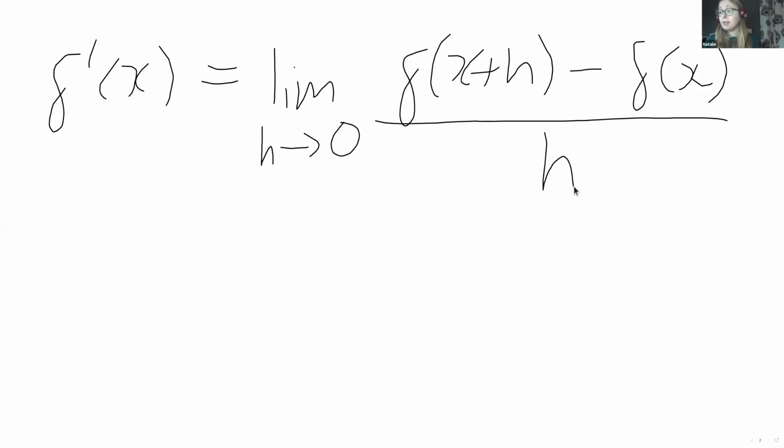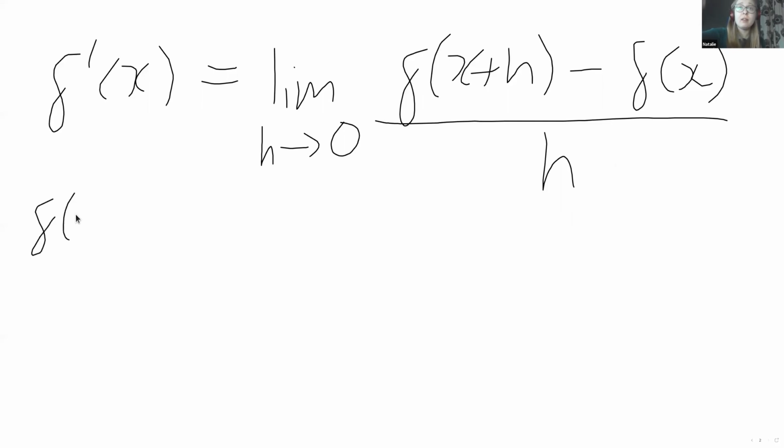And so we might get an exam question that asked us to prove from first principles the derivative of something, and we would use this formula. So we are going to prove today from first principles that the derivative of 4x squared is 8x. Okay, we're going to use first principles to differentiate 4x squared.